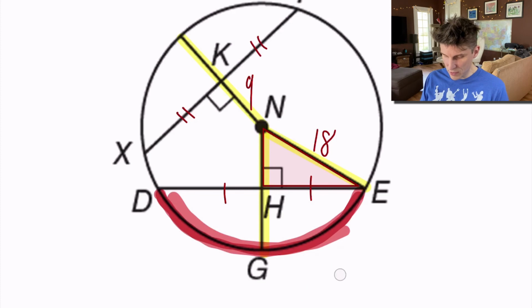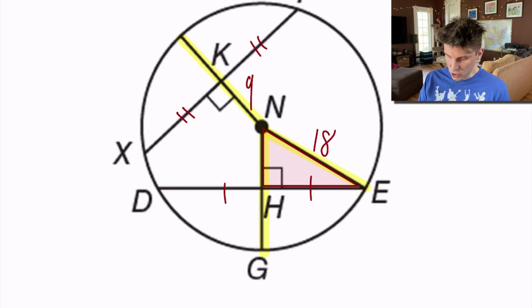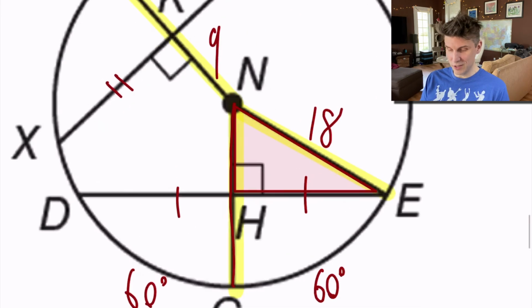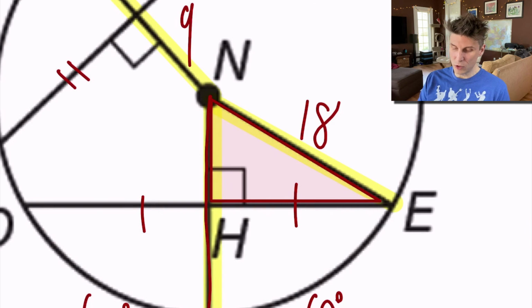So now I can unhighlight it and just write 60 and 60. Because if a diameter or radius is perpendicular to a chord, then not only does it cut the chord in half, but it also cuts its associated arc in half. And since that arc is 60 degrees, we know that the central angle associated with said arc is also 60 degrees. And so we have a little mini right triangle there.